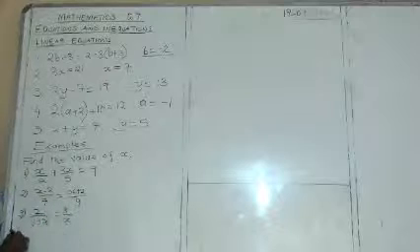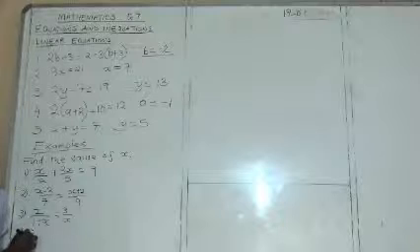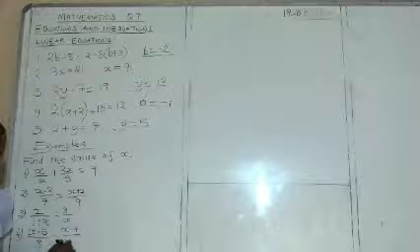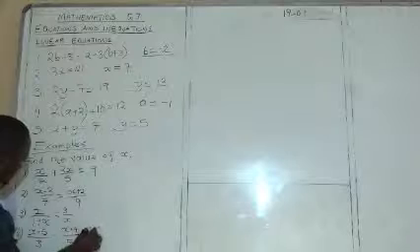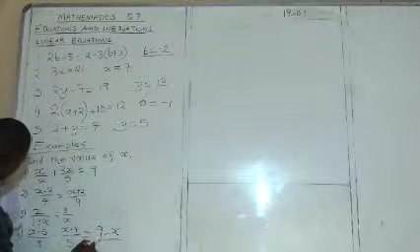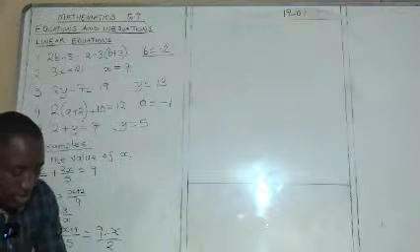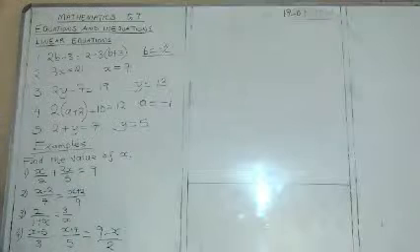Then the fourth one is x minus 5 over 3 minus x minus 4 over 5. So this is plus, okay, is equal to 9 minus x over 2. So these are the questions which we are going to look at as examples.